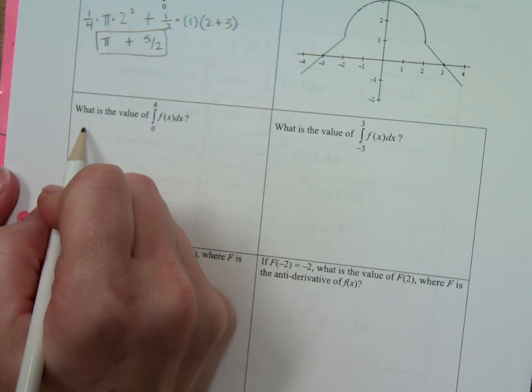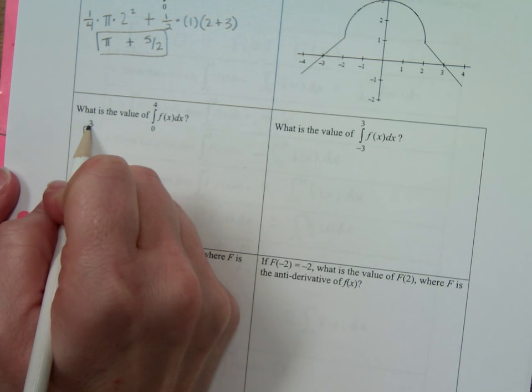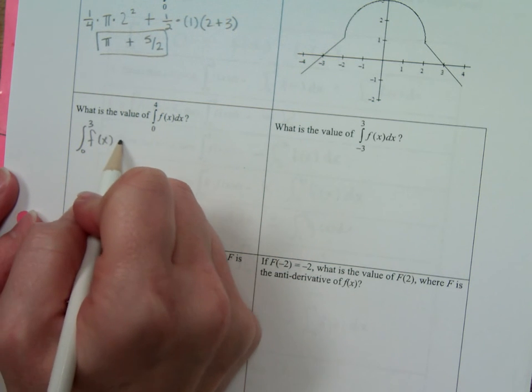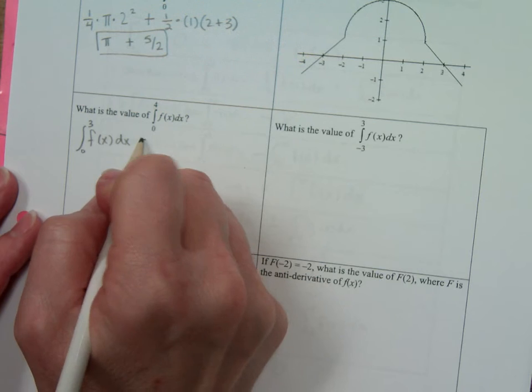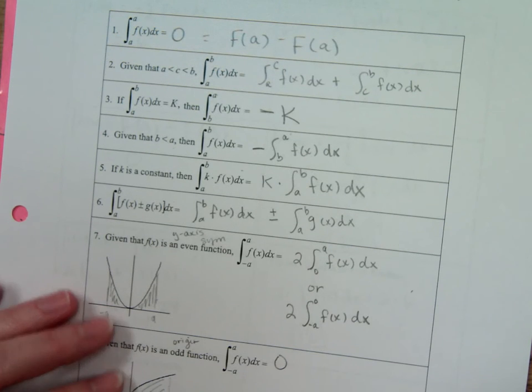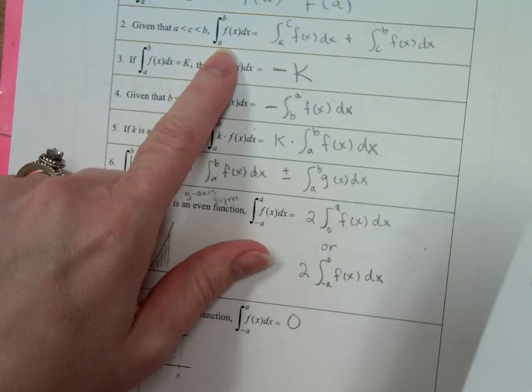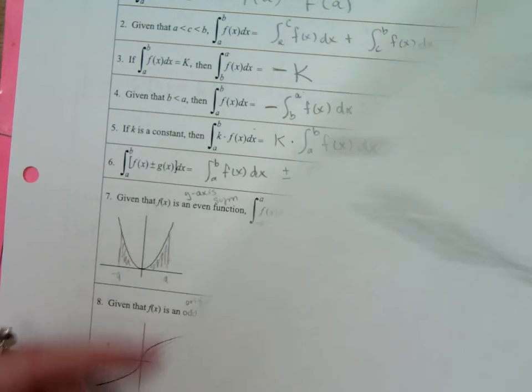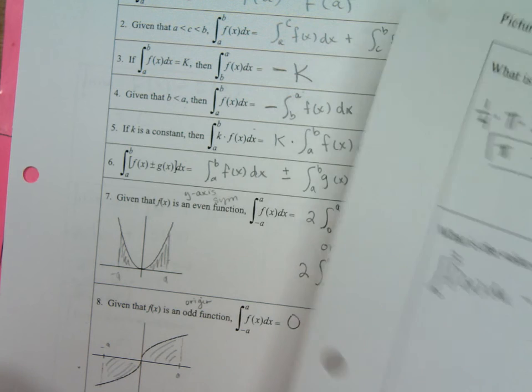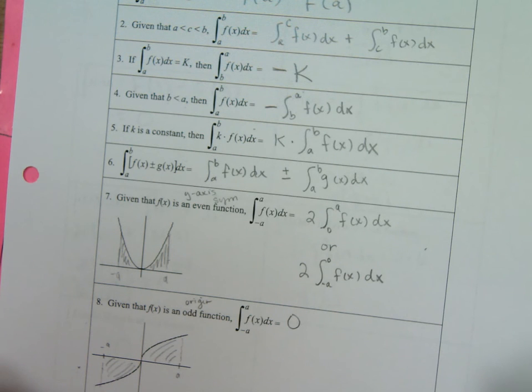So we're splitting it up from 0 to 3, f of x dx, because we just found that, right? And then, which number is this? Isn't this a number 2? This is number 2. Yeah. Okay. And then we're going to go from 3 to 4.